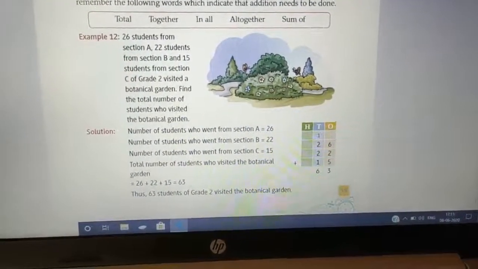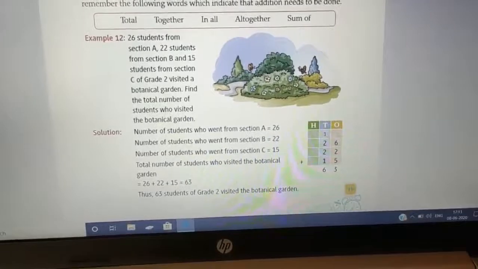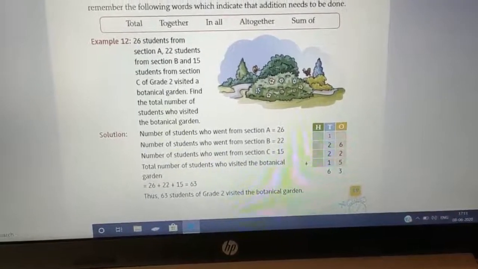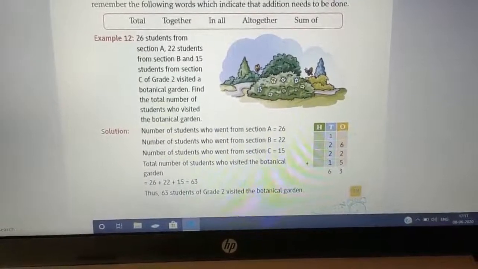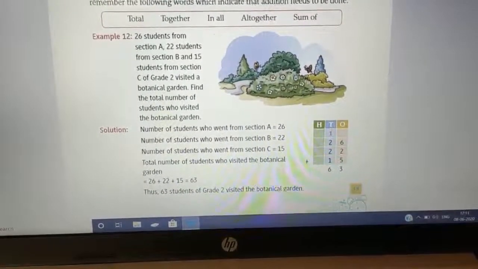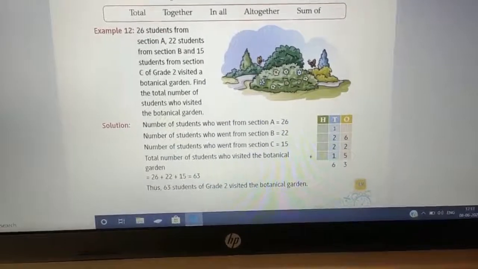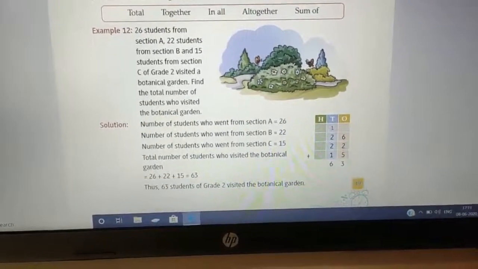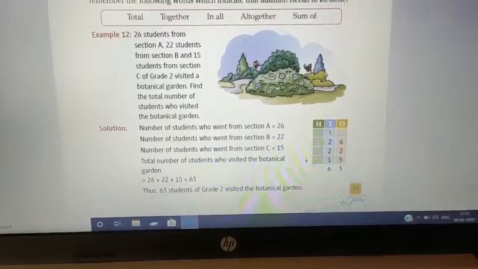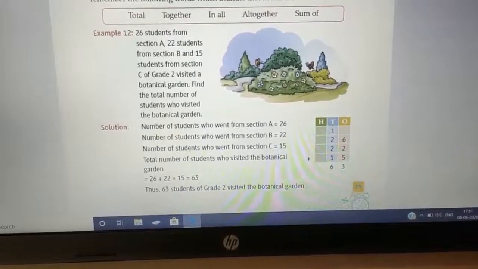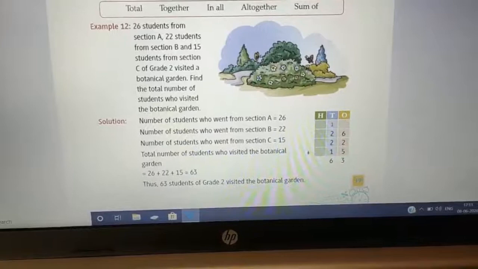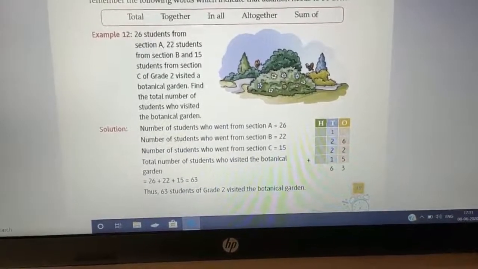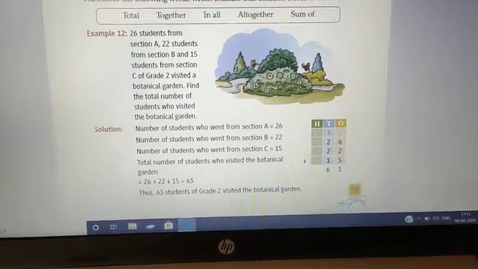Now here we have written hundreds, tens and ones. We have to add the total number of students who visited. From A, 26, here you can see in the tens and ones columns they have written 26, then 22 plus 15. On the ones side, the answer came 13. So what have they done?